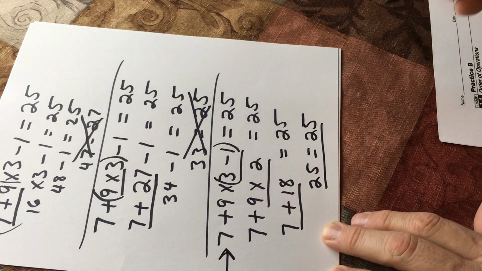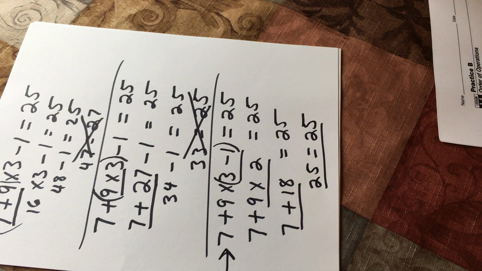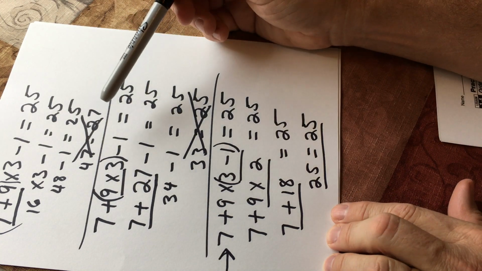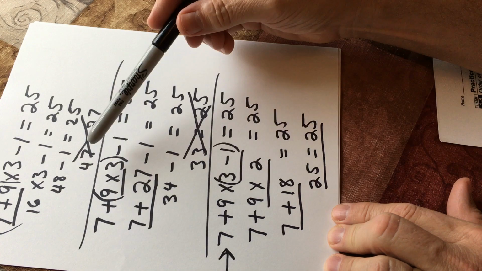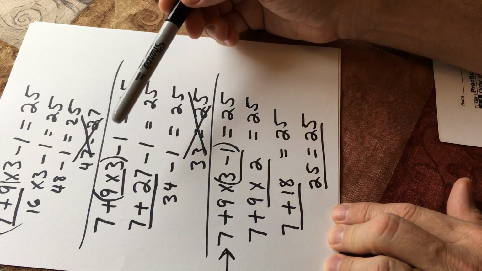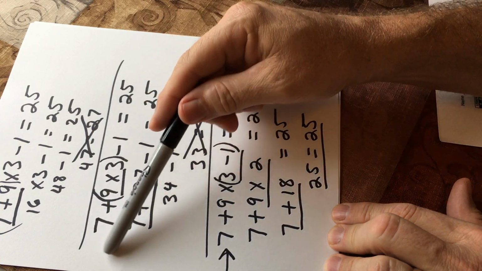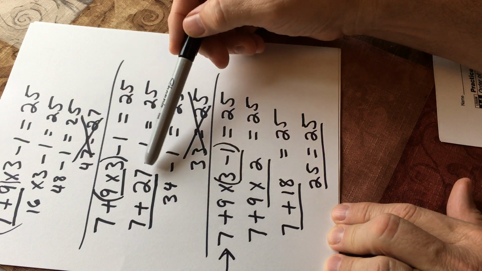Now, earlier I spoke about how we can sometimes look at shortcuts or methods that help us. We know that we're going to be adding numbers here. So when we look at 9 times 3, we know that's going to be 27, and we're going to increase that to our 34.